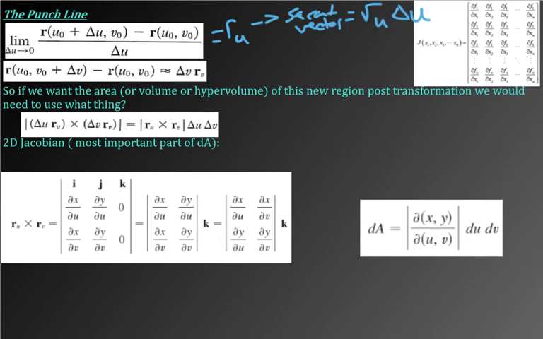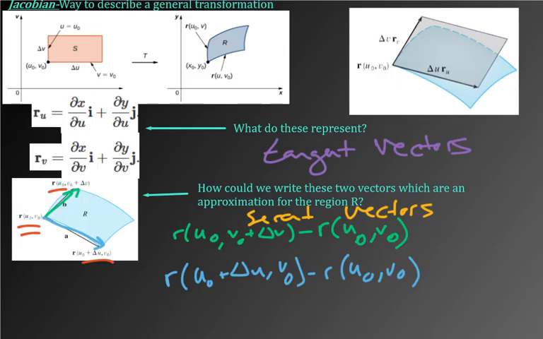And I could do the same thing here. I could say this secant vector is approximated by r sub v times the change in v, okay? And so what we want to do is take those approximations for the region, and figure out the area of this chunk, right? That's the thing that we're trying to find.